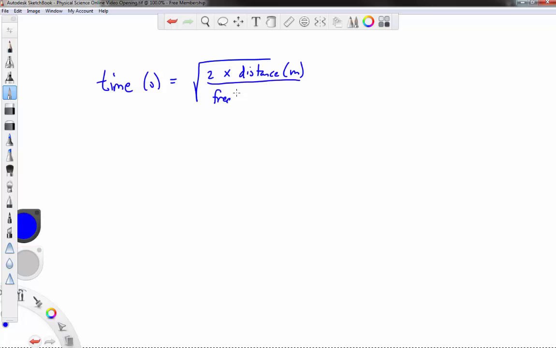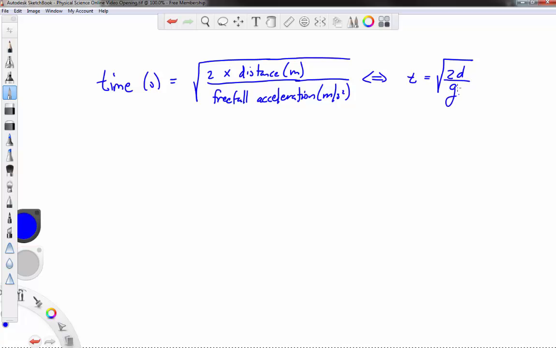Basically, it is that time in seconds is equal to the square root of 2 times distance in meters divided by free fall acceleration or gravitational acceleration in meters per second squared. That actually is the full equation. This is equivalent to t equals the square root of 2d over g.